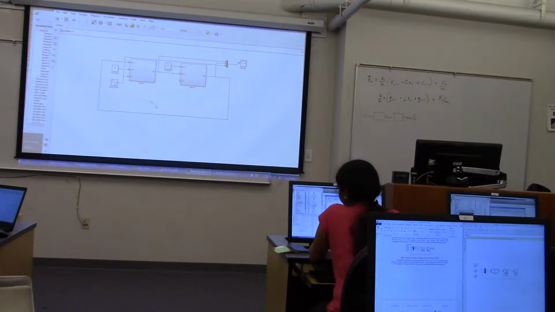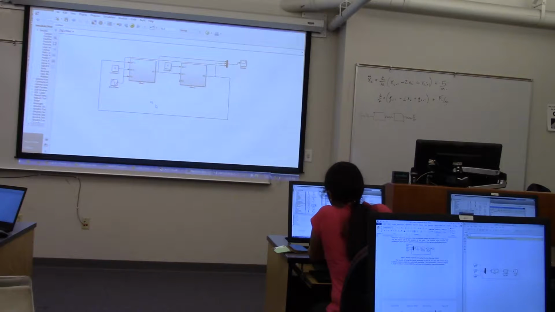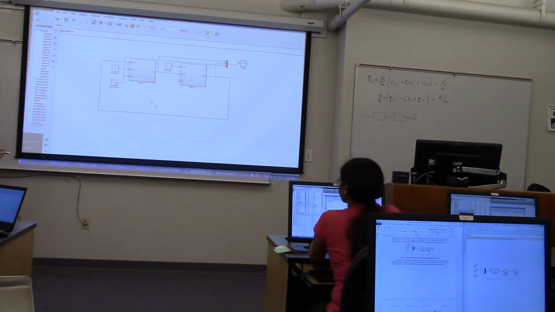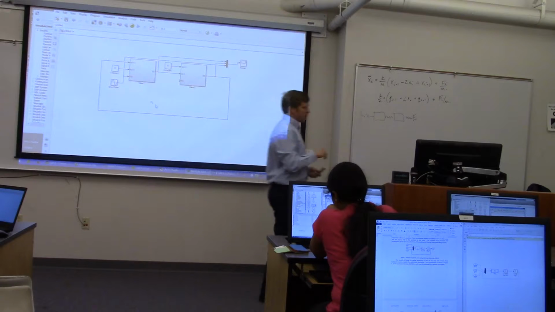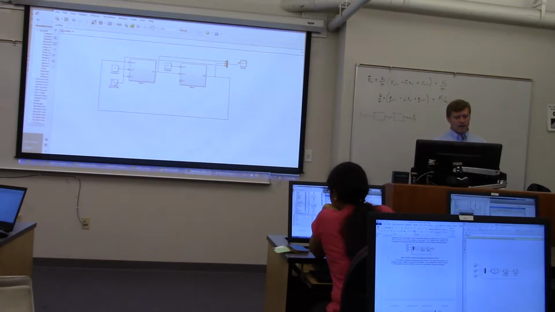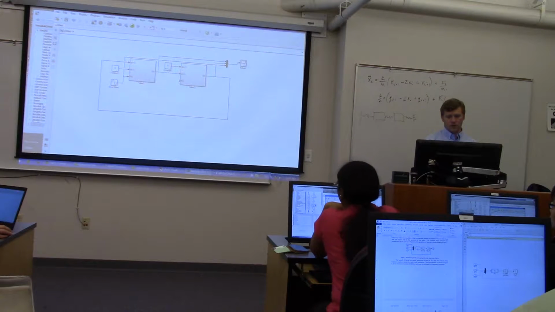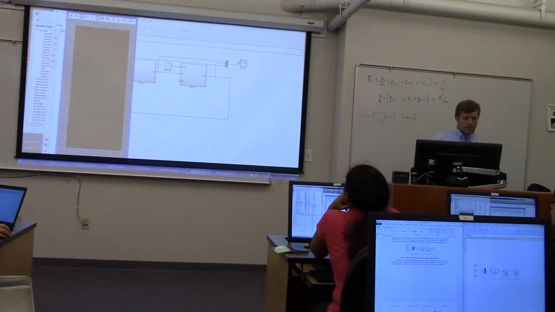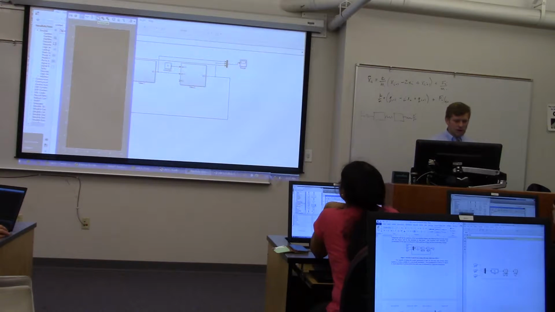Our second natural frequency is equal to square root of 3k over m. Square root of 3 is, I don't remember the number, 1 point something, right? So the idea here is if I excite this system at 1.0, I should expect to see the first natural frequency. So what do I see here?